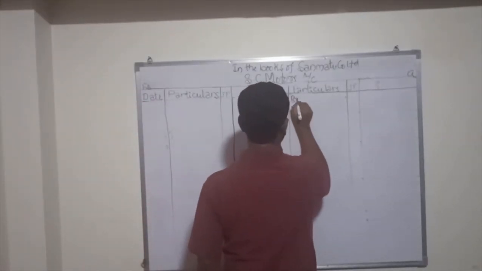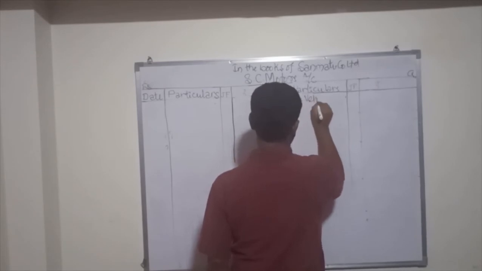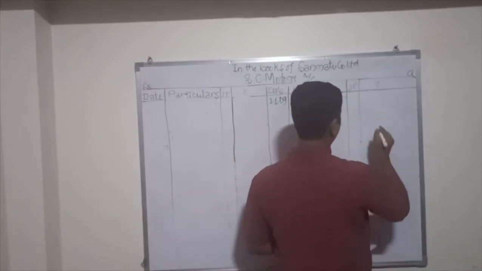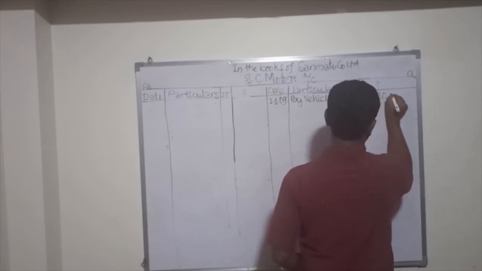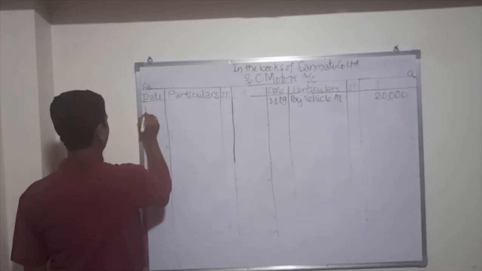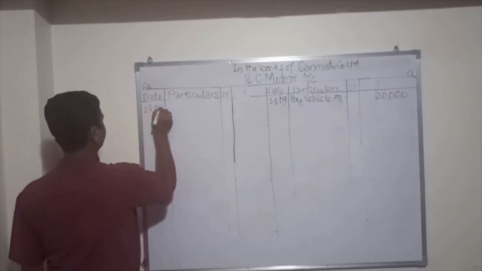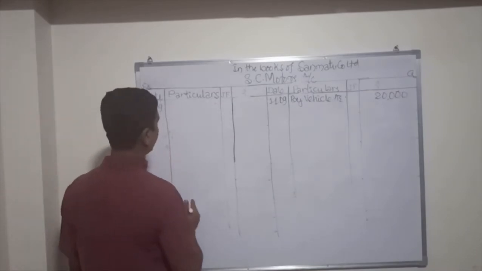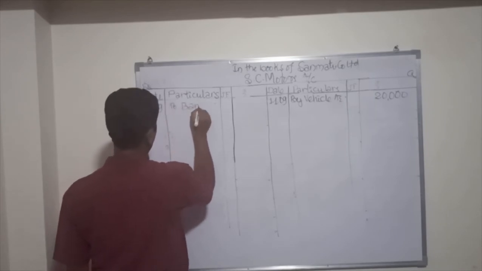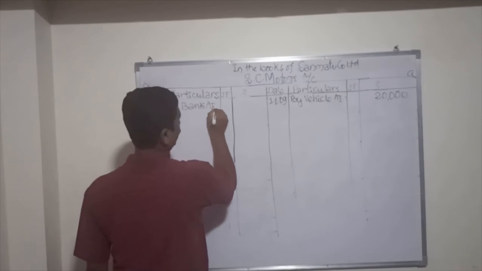So SC Motors is credited by vehicle account, that is the down payment here, 20,000. On the same day, that is on 1/1/2009, it is paid. So SC Motors account debit to bank account.